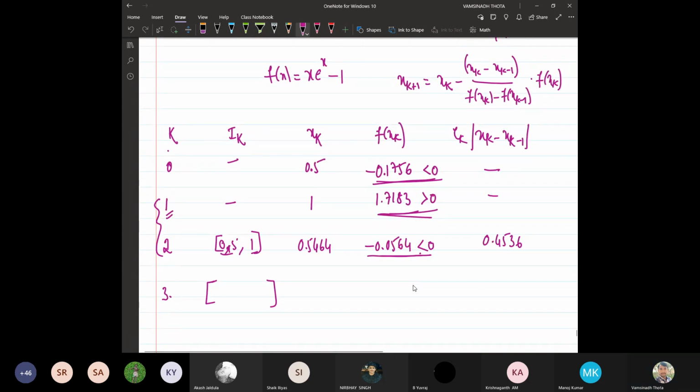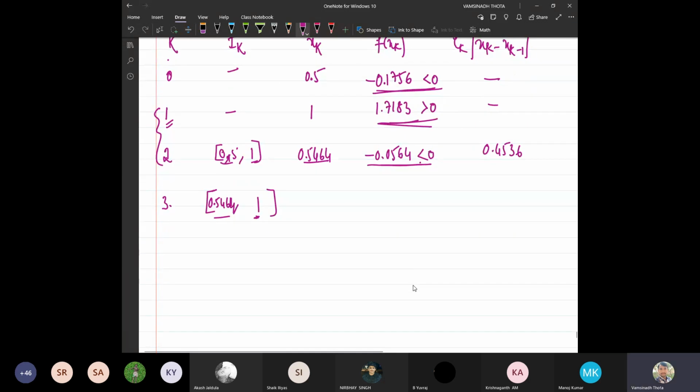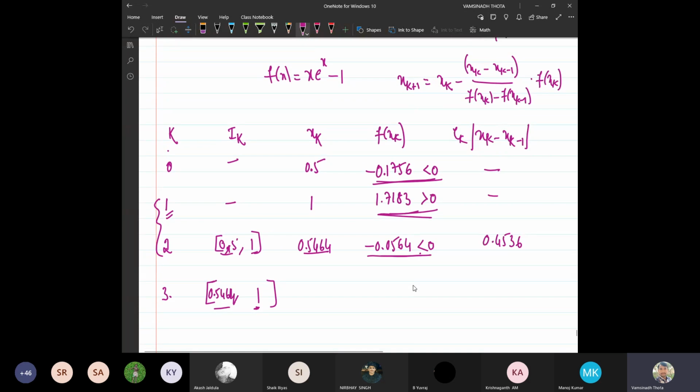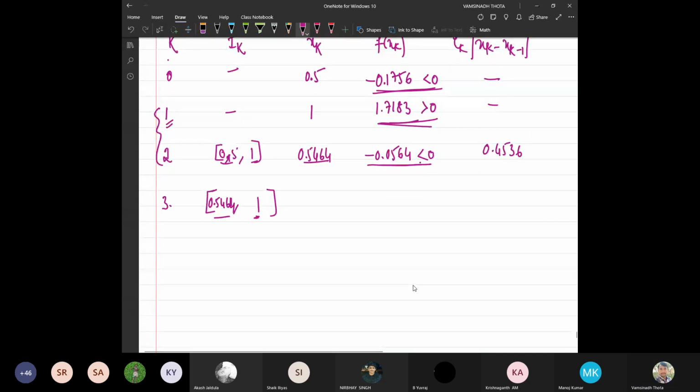So now x_k is 0.5464, and the other x_k here is 1. Now with the help of these two points, what is x3?